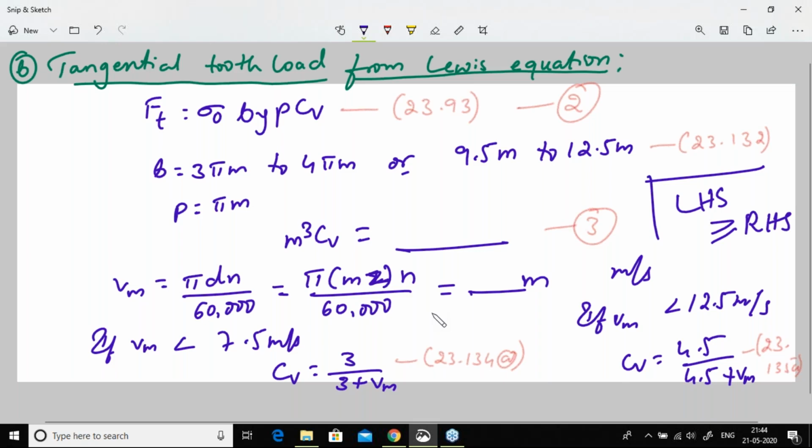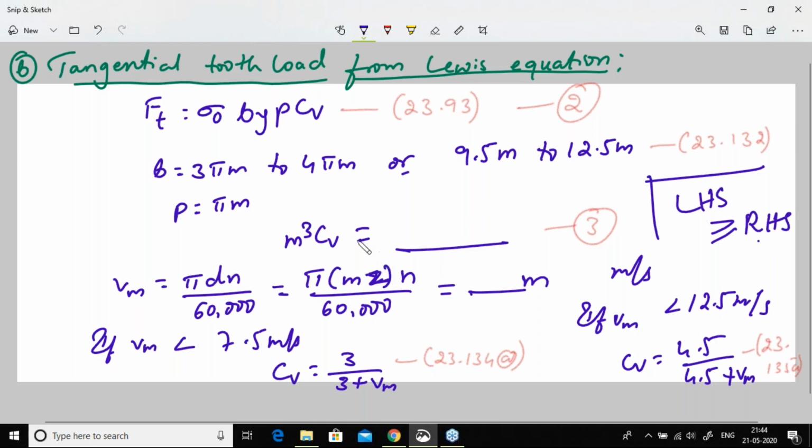When LHS becomes greater than or equal to RHS, that is suitable. Means that module, whatever assumed, Vm, whatever calculated for that module, Cv, all those things are suitable. Till that, we have to do the trial and error method.